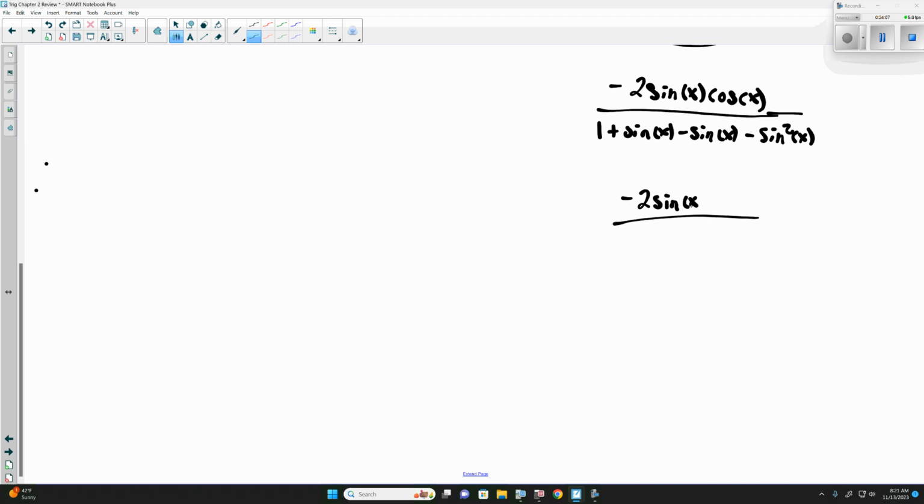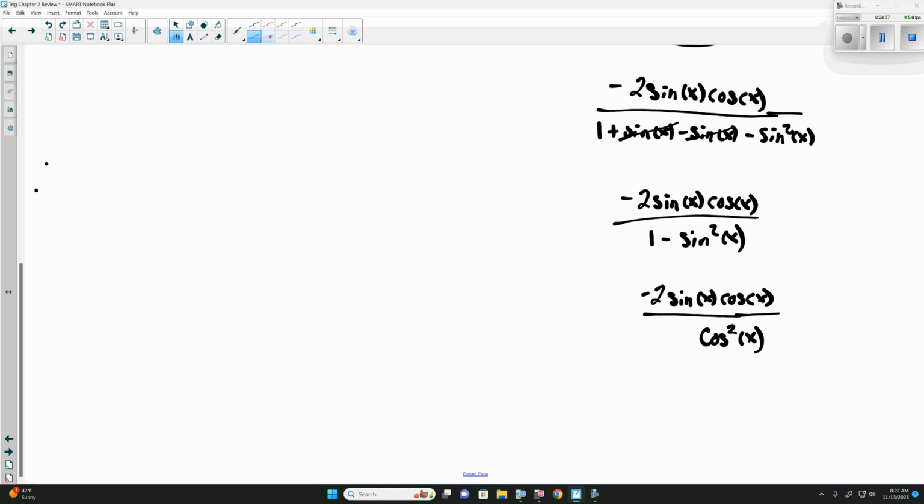Now the reason I say we can simplify this is because these cancel, giving us 1 minus sine squared of x. Now it doesn't directly cross out or cancel, but according to the Pythagorean identity, 1 minus sine squared of x is the same as cosine squared of x.